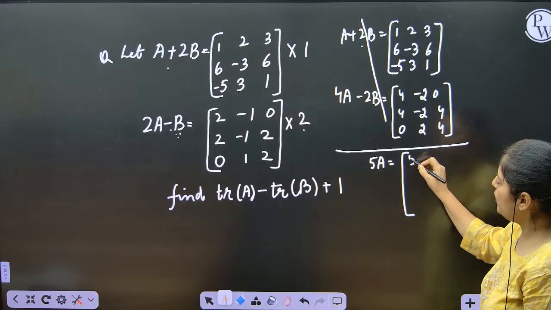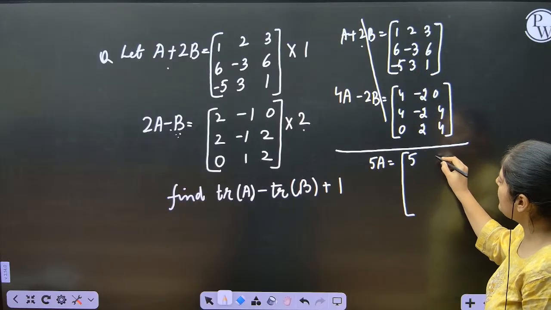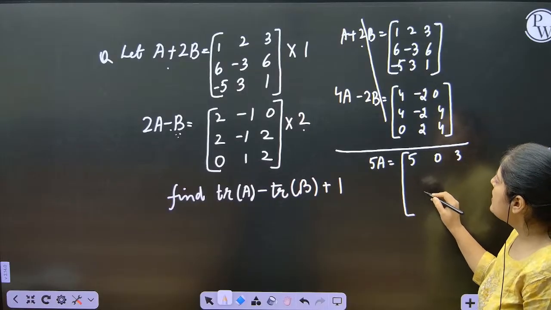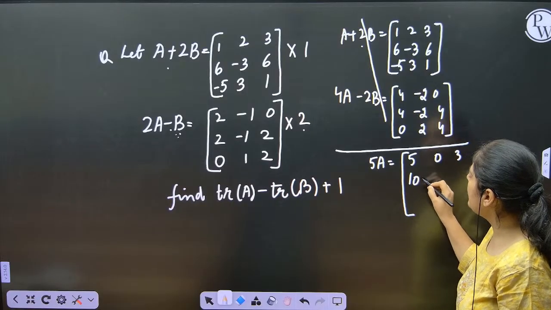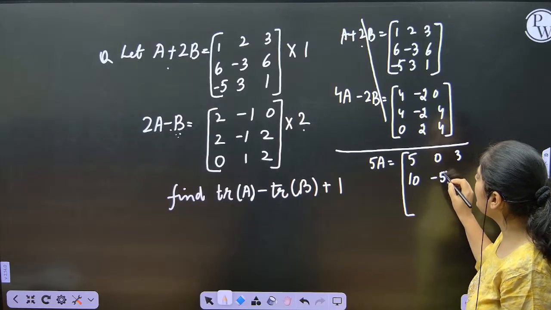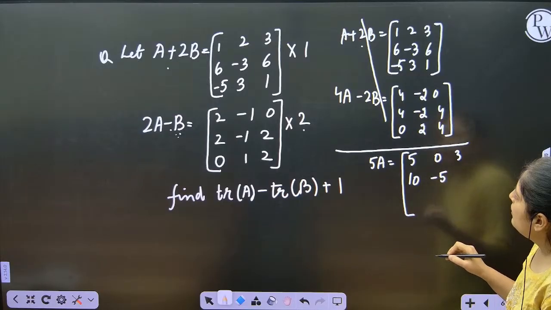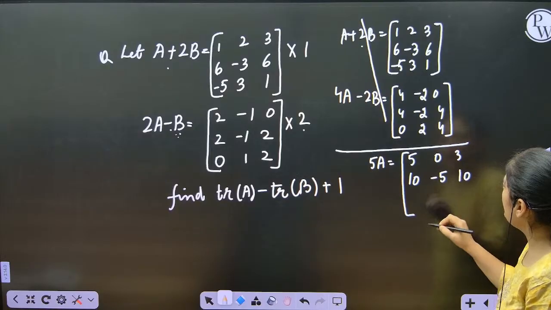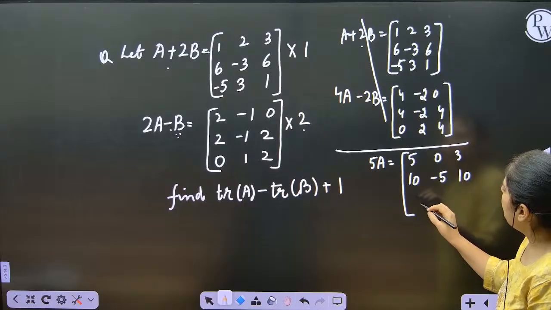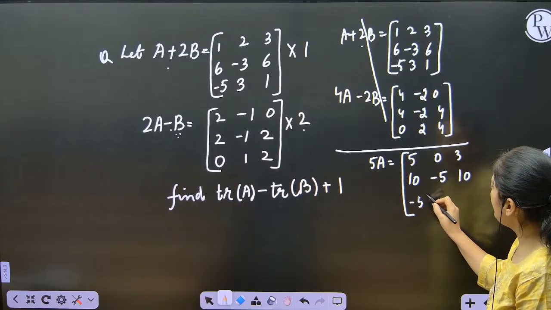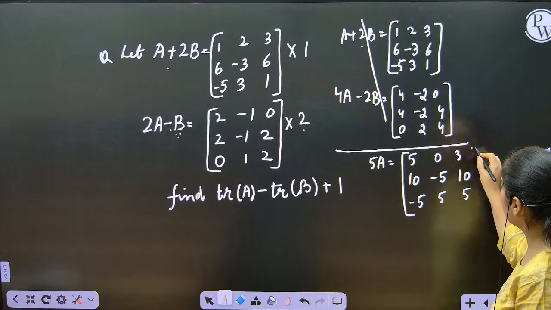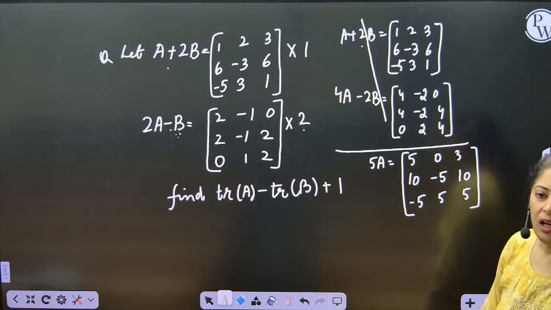1 plus 4, 5, 2 minus 2, 0, 3 plus 0, 3, 6 plus 4, 10, minus 5, this will become 5, and this is becoming 5. All right.